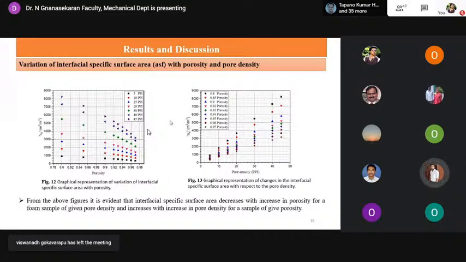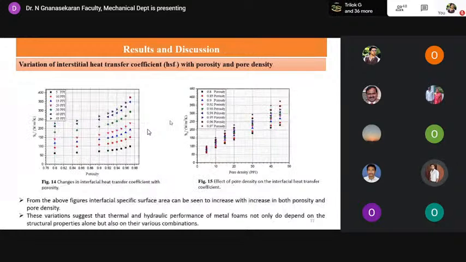Now what happens to the convective heat transfer coefficient when porosity and pore density are increased? That is given in the next slide. Here you can see the variation of the heat transfer coefficient with respect to porosity and with respect to the pore density. When I say heat transfer coefficient, it is actually the interfacial heat transfer coefficient, which is associated with the LTNE model.